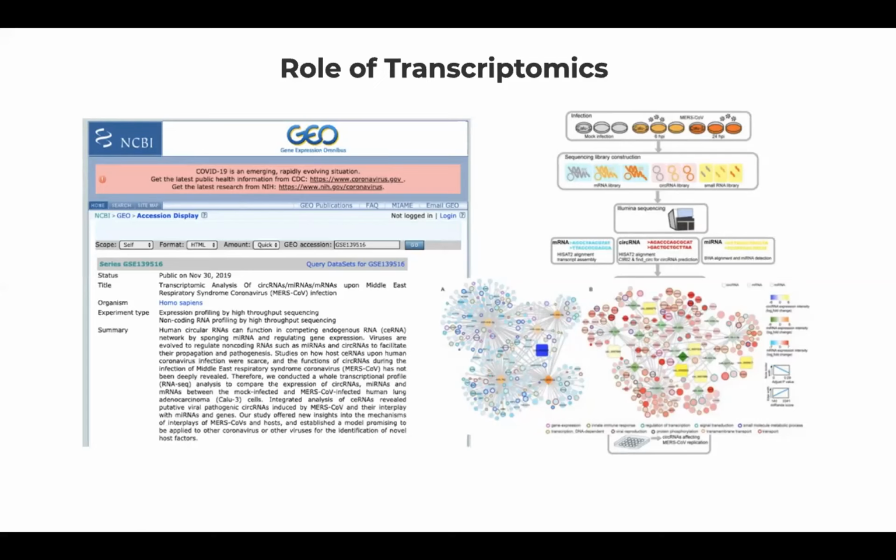GEO is an international public repository that archives and freely distributes microarray data, NGS data and other forms of high throughput functional genomics data that are regularly submitted by the research community. So all this information and much more is available there.